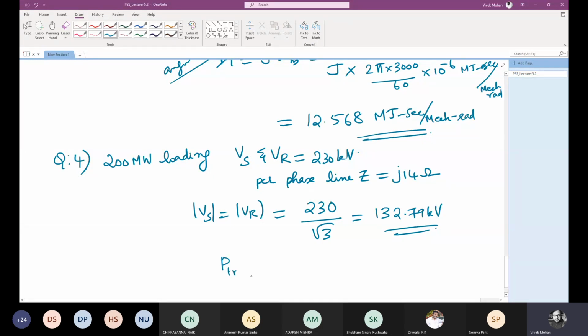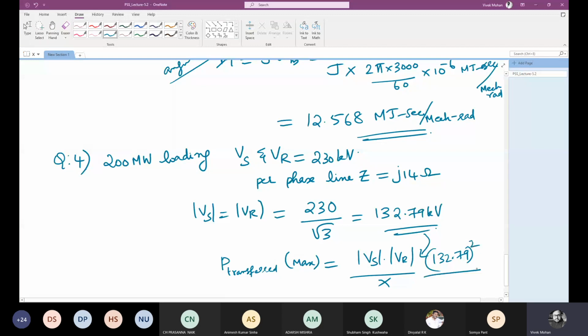Now the PR max or PS max, that means the maximum power that is transferred, equals mod Vs into mod Vr by X. So this is 132.79, both are the same. So 132.79 squared divided by X, which is j14, it is given, right?